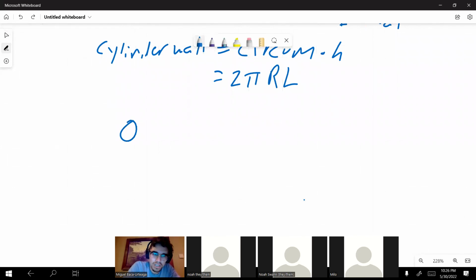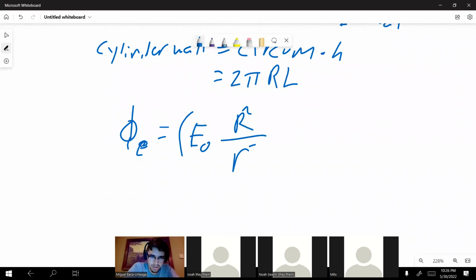So the total flux, that should be an E, is equal to, this is our first equation that I was talking about, the electric field naught times the radius squared over the distance.